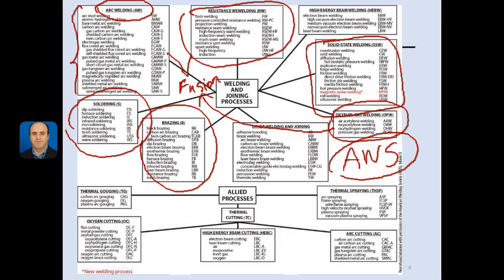In those two cases, the base metals are not melted, but the filler material that is used for joining the two base metals will be melted. In this category, which is high energy beam welding, the base metal will also be melted, and it is called fusion welding.